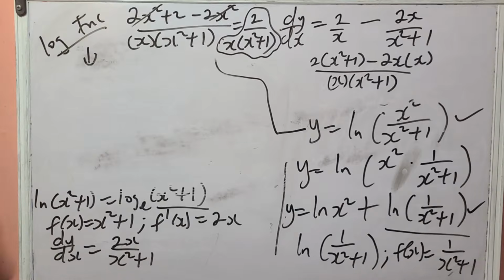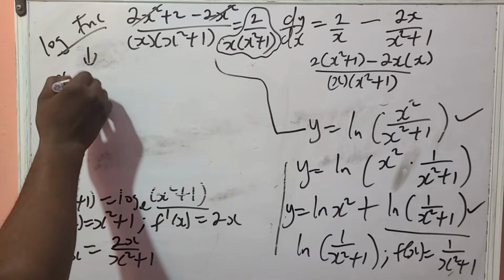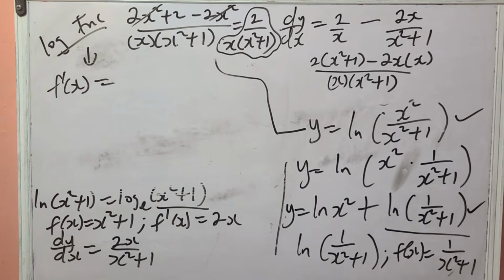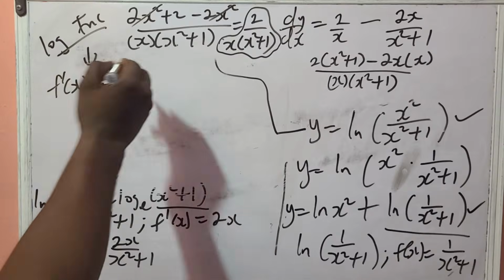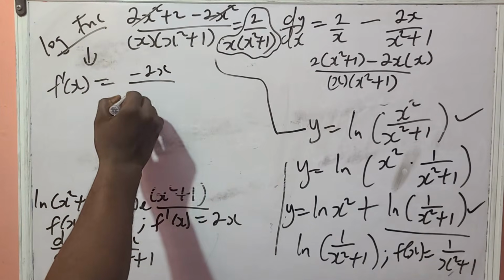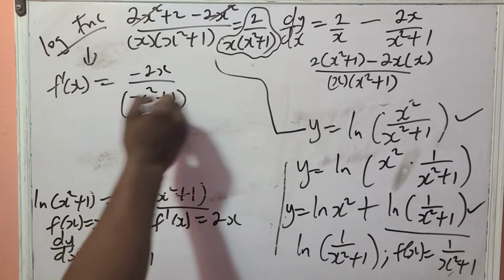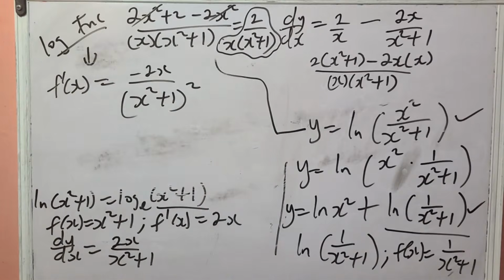We have to go on to find the derivative f prime of x. I will not be doing that here because we will still be covering chain rule. But you use chain rule to solve this. This is what you are going to get: minus 2x over (x squared plus 1) squared.